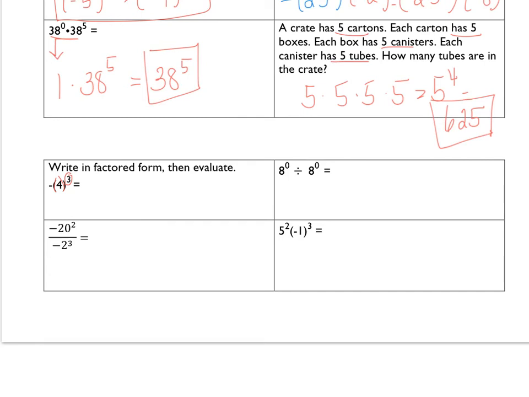So the negative has to stay outside, and then you have 4 times 4 times 4, and that is going to be a negative 64. 8 to the 0 power. And any number to the 0 power is 1 divided by 1 equals 1.